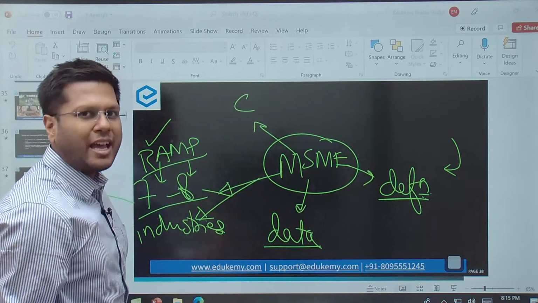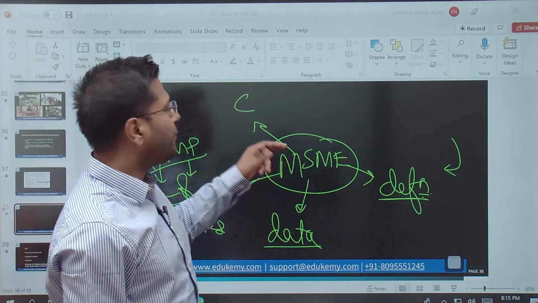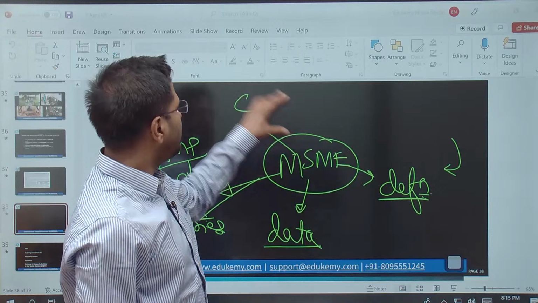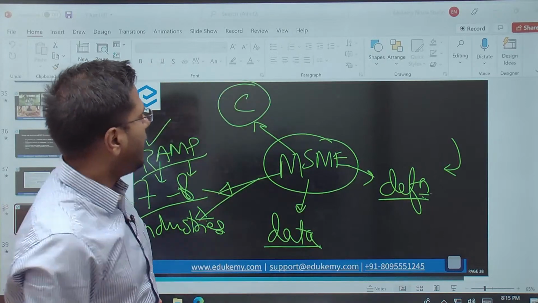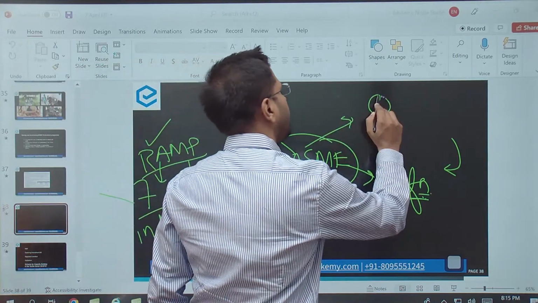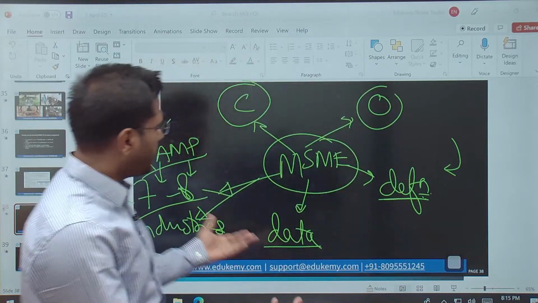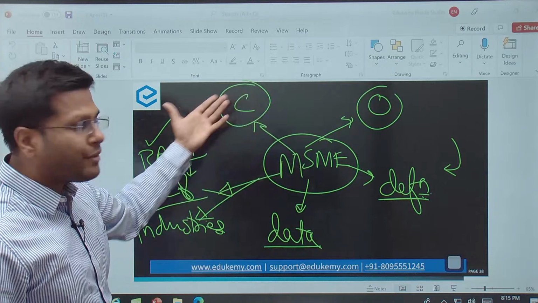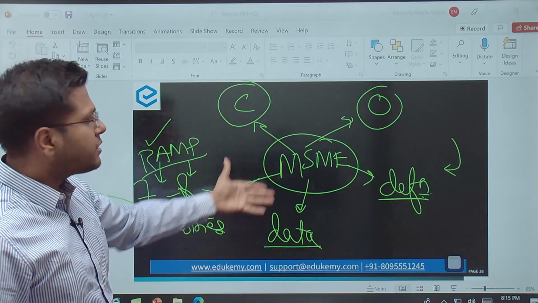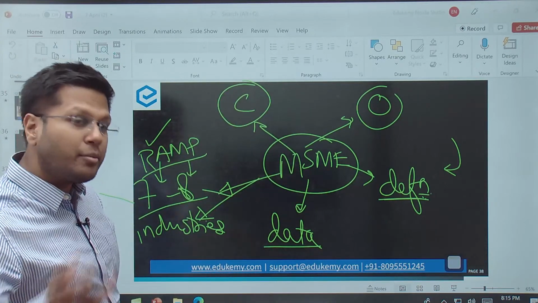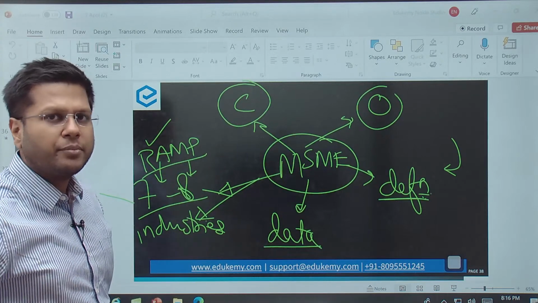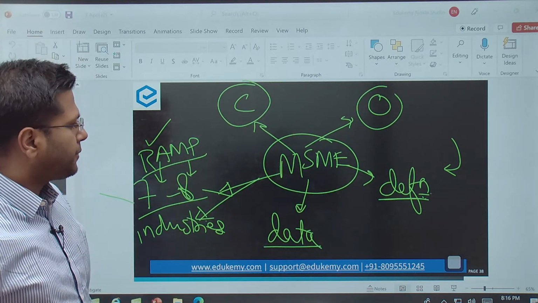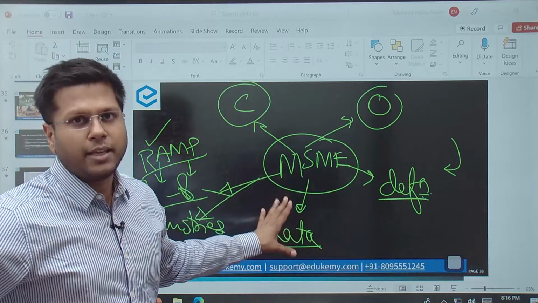Upgradation is a challenge, awareness is a challenge, finances is a challenge. So 6, 7 challenges were mentioned here. And what are the opportunities in a country like India? That's it. And once you know this, once you memorize this, use this everywhere in GS paper 3. Use this everywhere in governance and how governance can improve here. That's done. Right? So revision is the key.